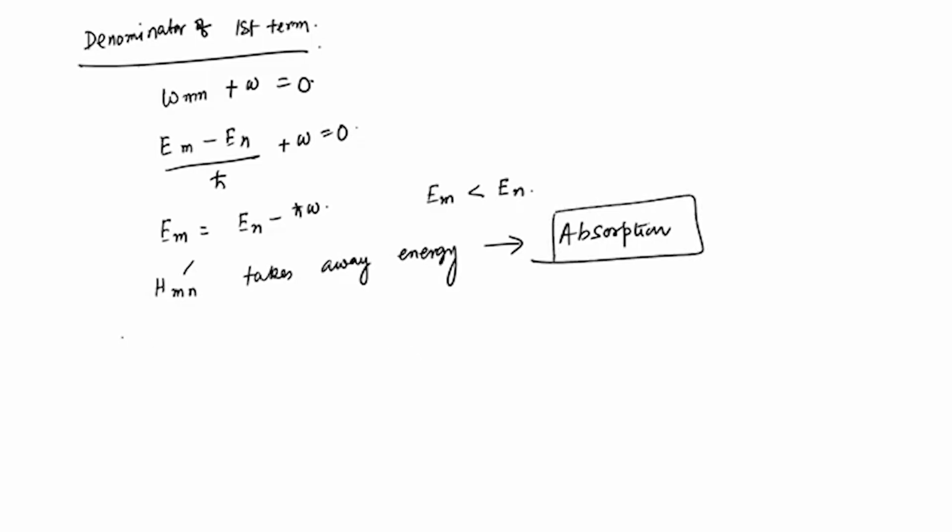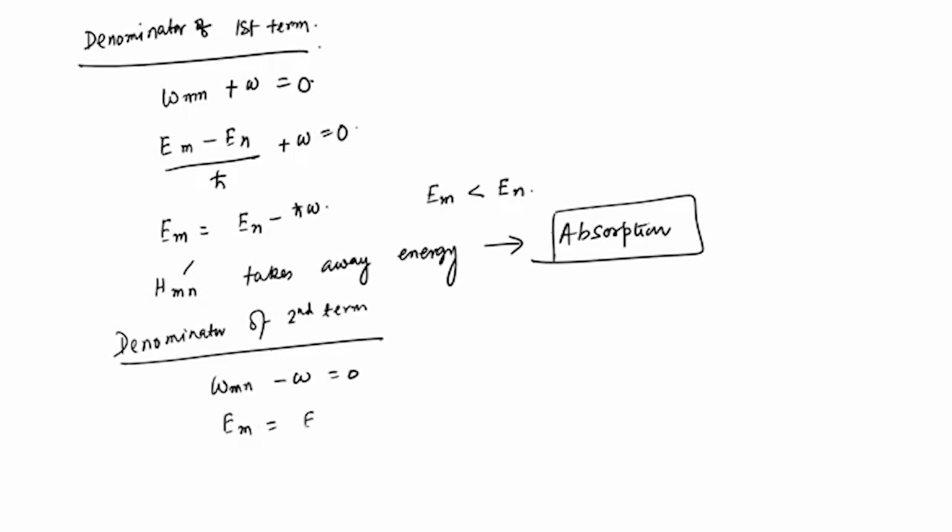And if you look at the denominator of the second term, and when it diverges, so you have ω_mn minus ω equal to 0, and that gives you finally E_m equal to E_n plus ħω.